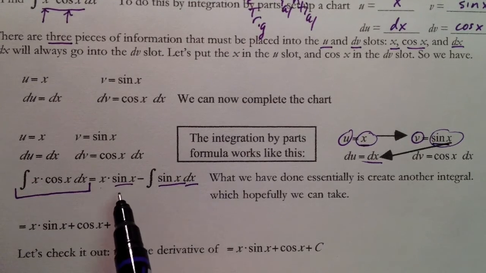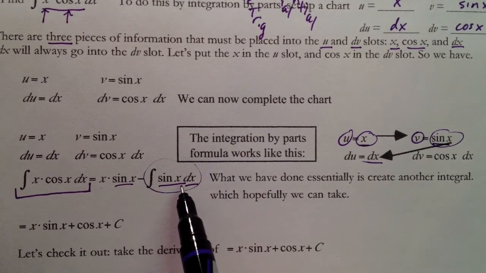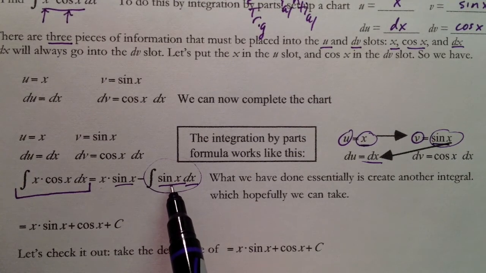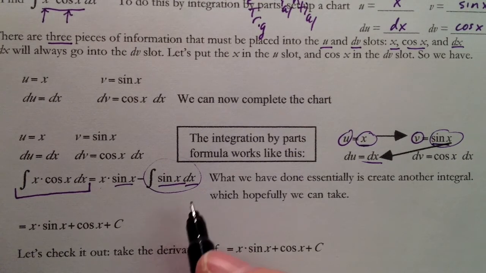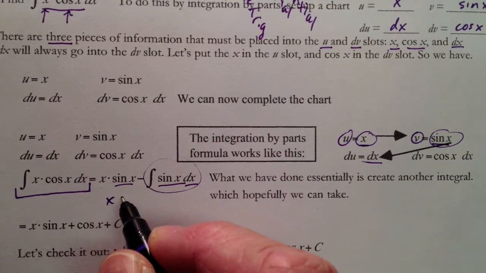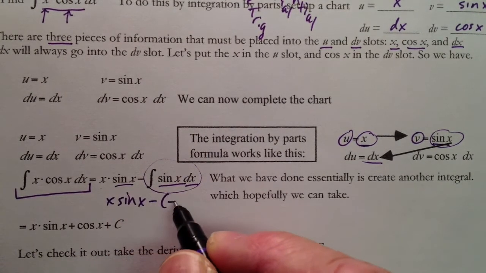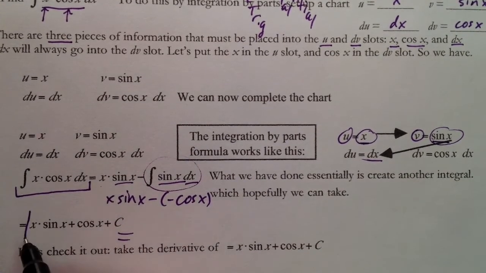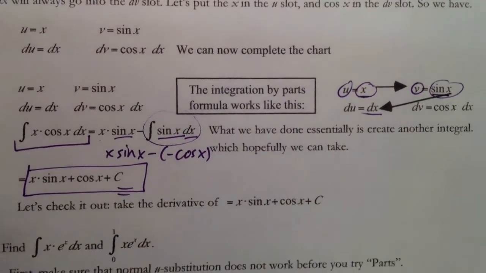All right, and so we have to finish it up though, because now we know the antiderivative of the sine of x, and the antiderivative of the sine of x is negative cosine. So what we have here is x sine x minus negative cosine x. And then don't forget about the plus c. That's where we get that right there.